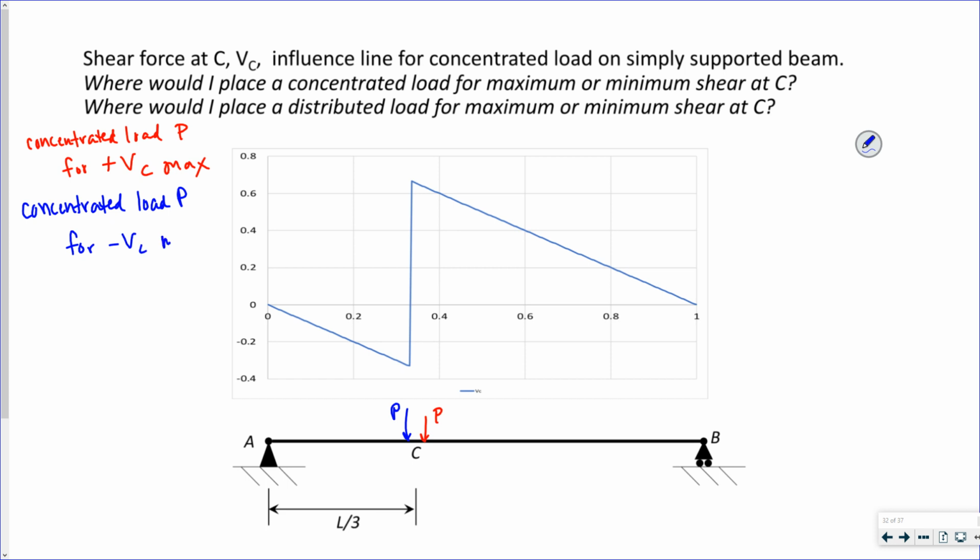Right. Maximum negative shear or minimum shear.